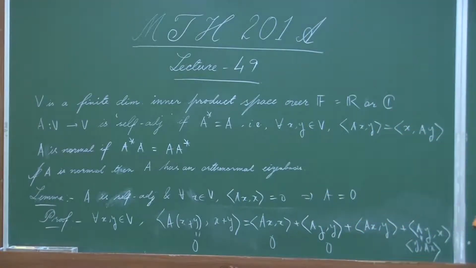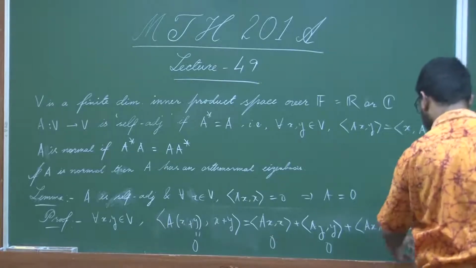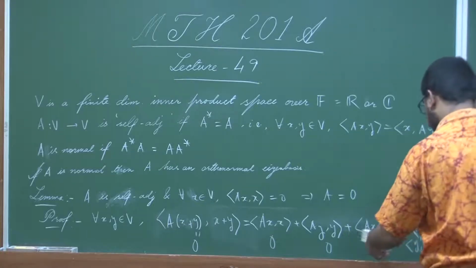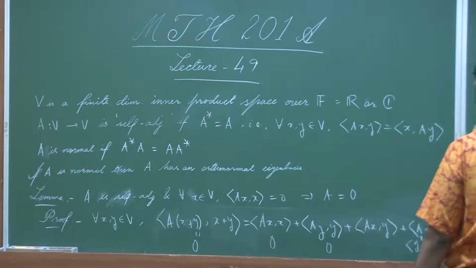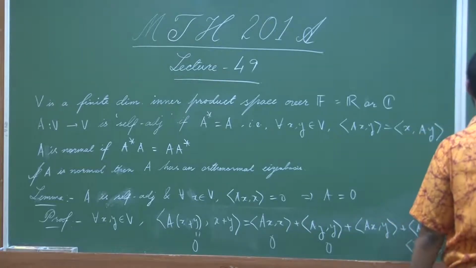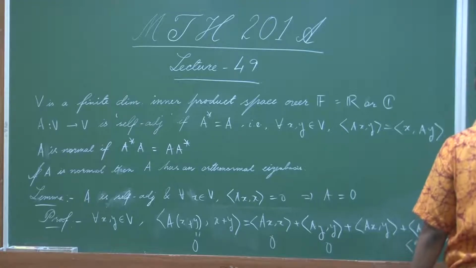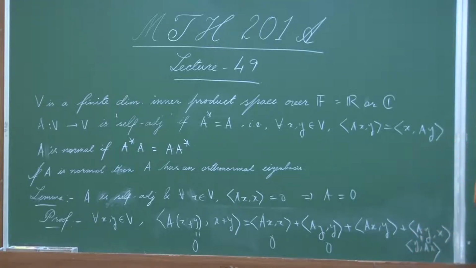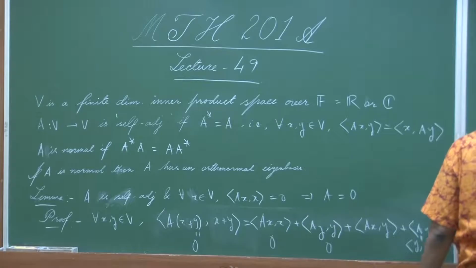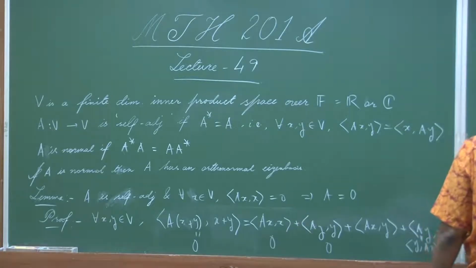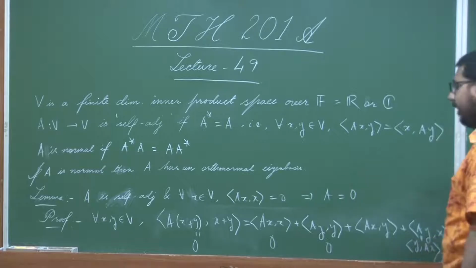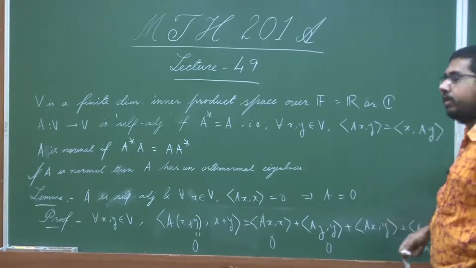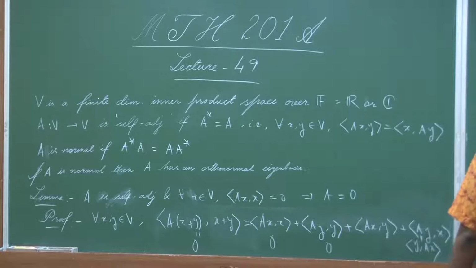Once you have this on this side, this shows that 2 times the real part of inner product Ax, y, because inner product yAx is nothing but the conjugate of inner product Ax, y.